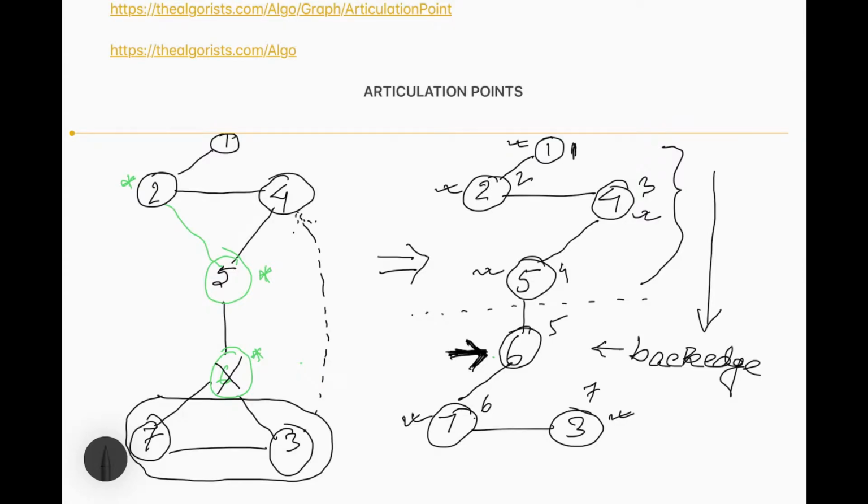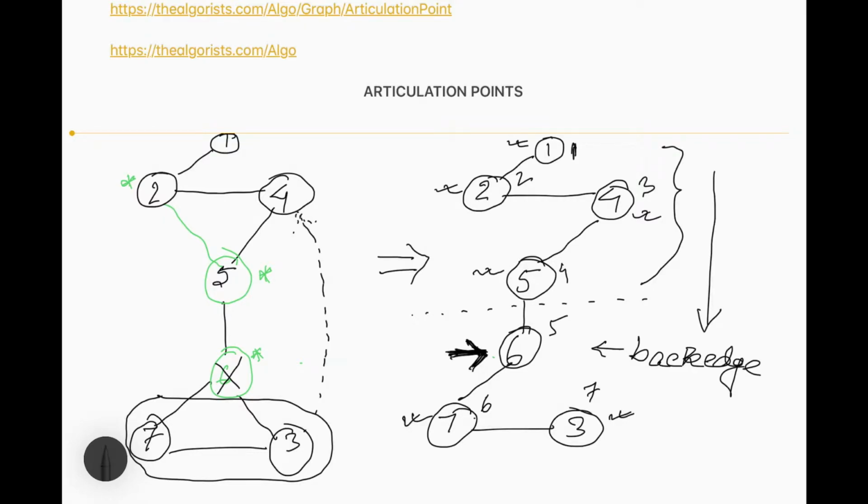This means we need to keep track of the earliest node that any node is connected to. So for 7 and 3, we need to keep the earliest node that they are connected to. If they had one back edge to, say, 4, then the earliest node would have been node 4.